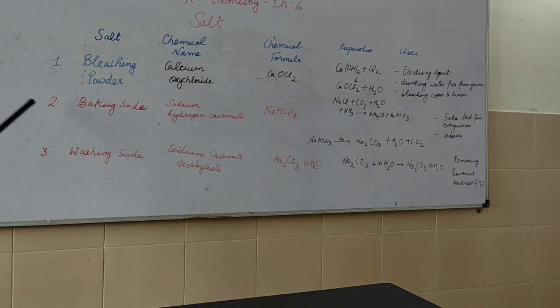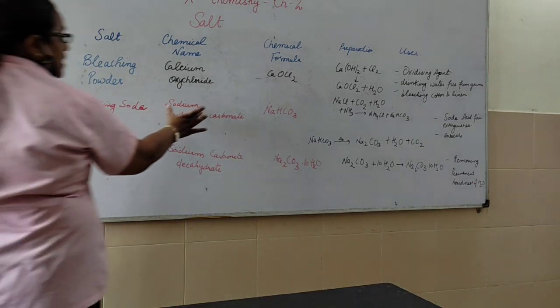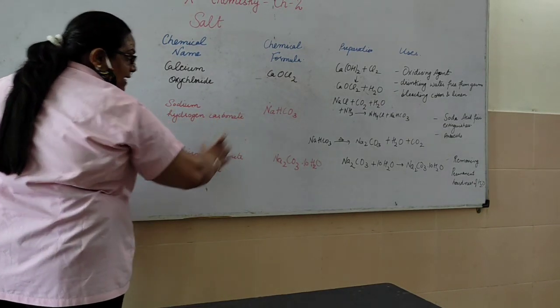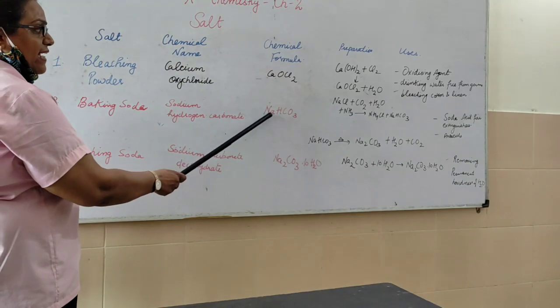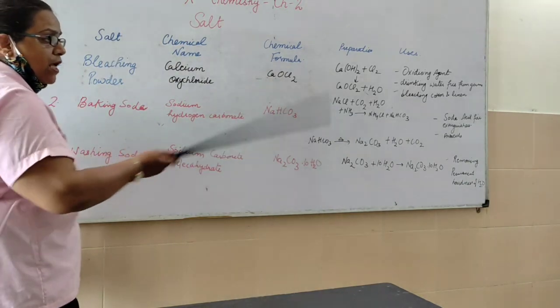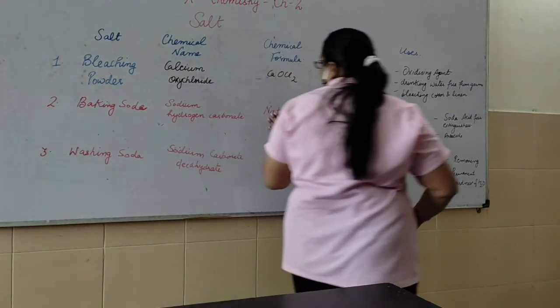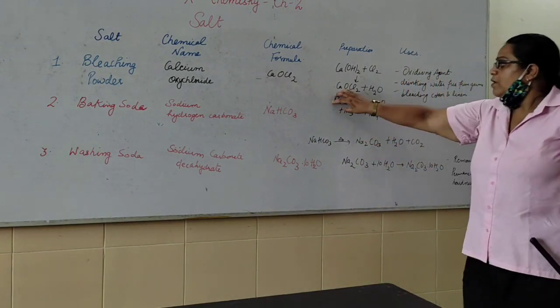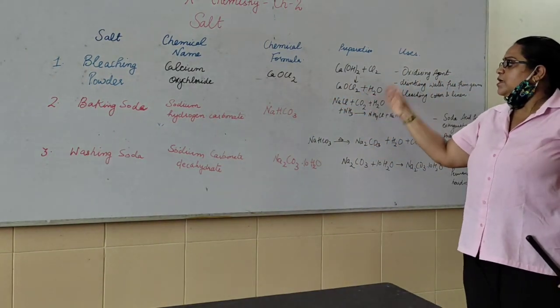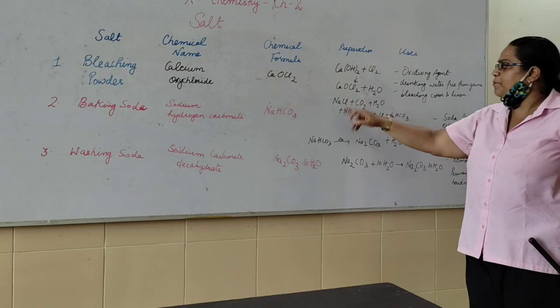Next one is baking soda. You must have heard about it because we use it so much in the kitchen. Baking soda is sodium hydrogen carbonate. The formula is NaHCO3. How do we prepare baking soda? We take sodium chloride, add CO2, water and ammonia.